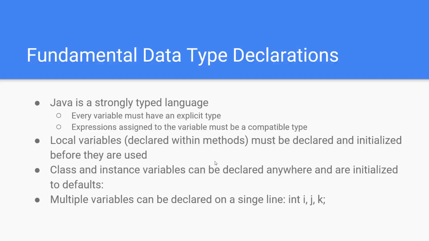Every object has some kind of a beginning state. Multiple variables of the same type can be declared on a single line. Instead of int i and then another line int j and then another line int k, we're saying int i, j, k right here in a single line, which certainly can make our program easier to read for somebody else looking at it.